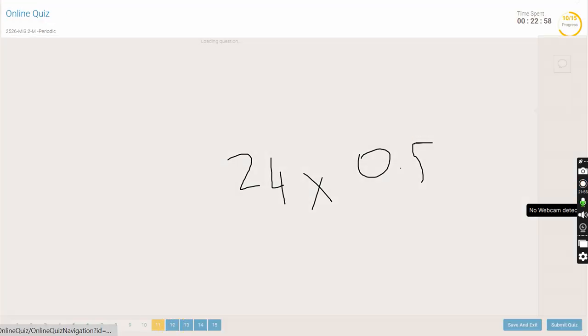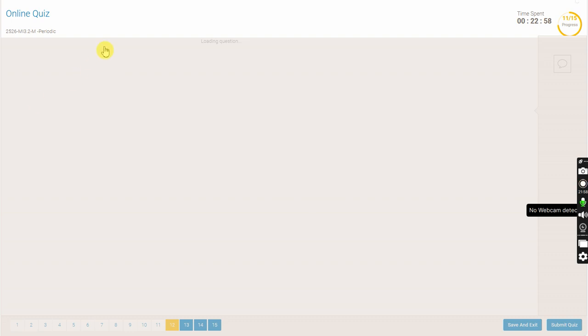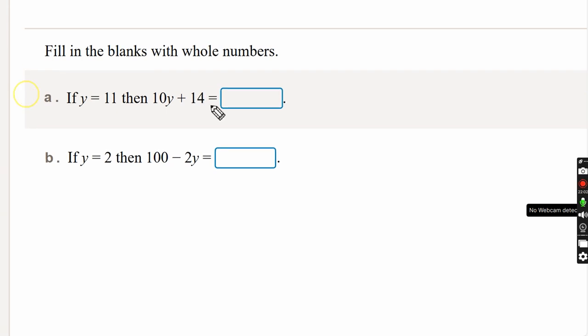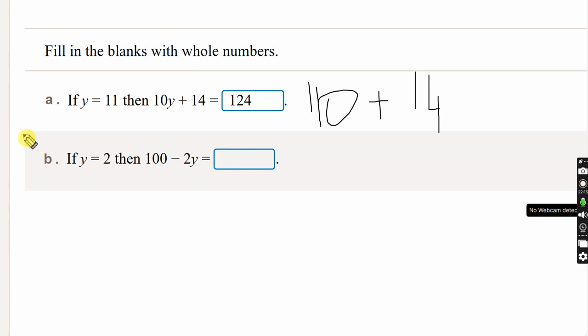We're going a bit faster because the concepts should have been established by now. Now here, 10 times 11 is 110, plus 14 is 124. There you go, 124. The next one is 100 minus 4 times 2 is 4, so 96.